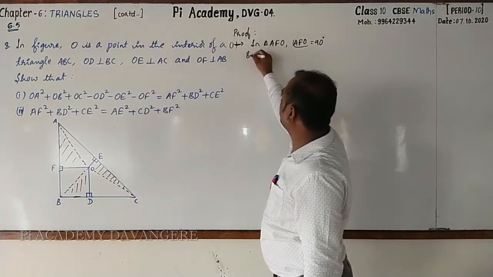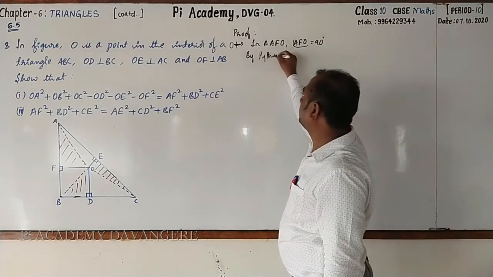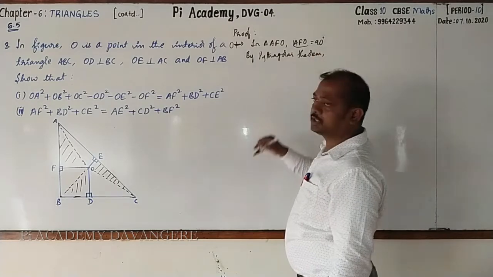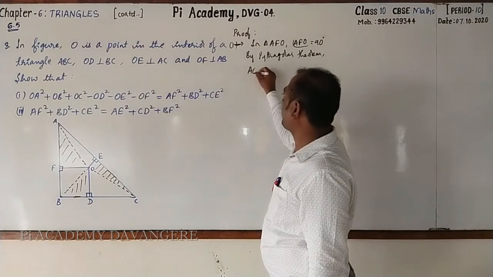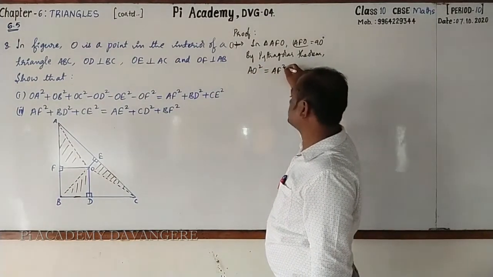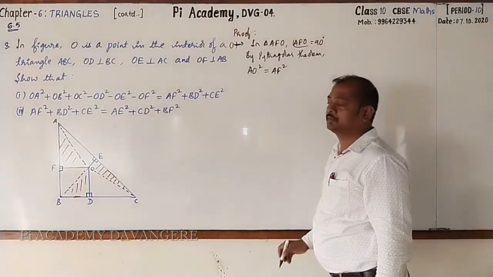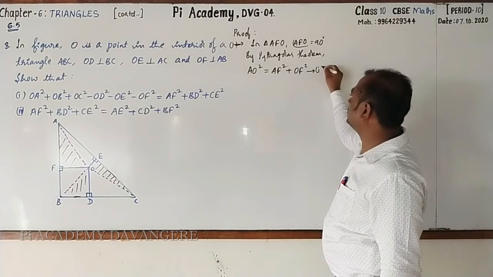Therefore, we can go for using Baudhayana's theorem. By Pythagoras theorem, we can write AO square equal to AF square plus OF square. You may call this as statement 1.